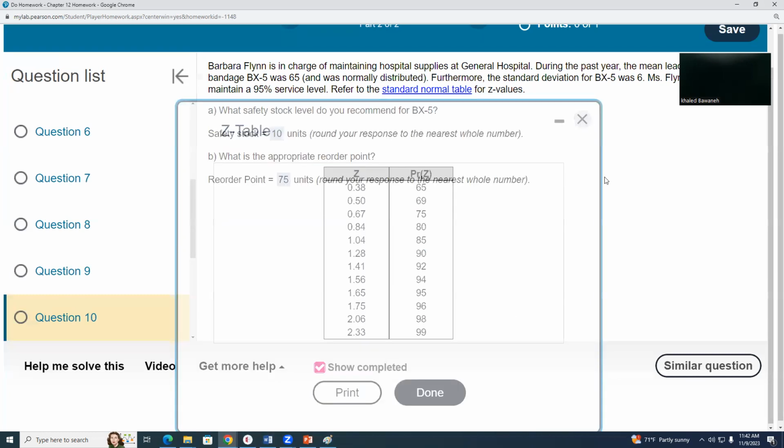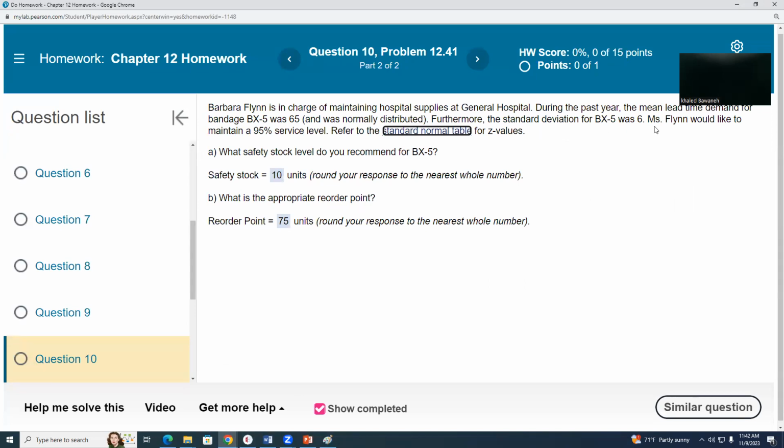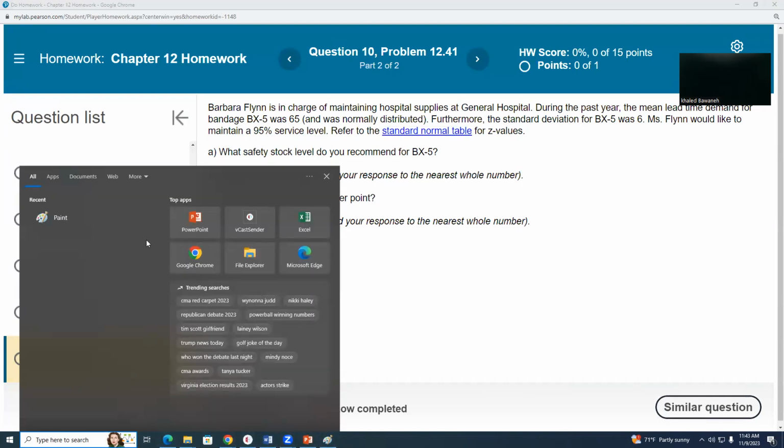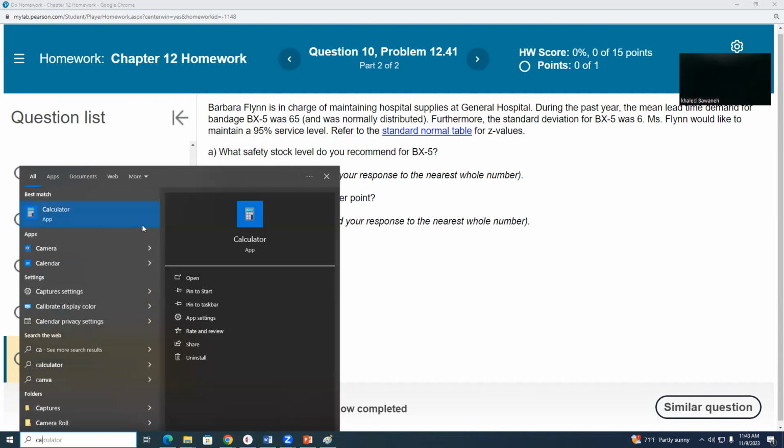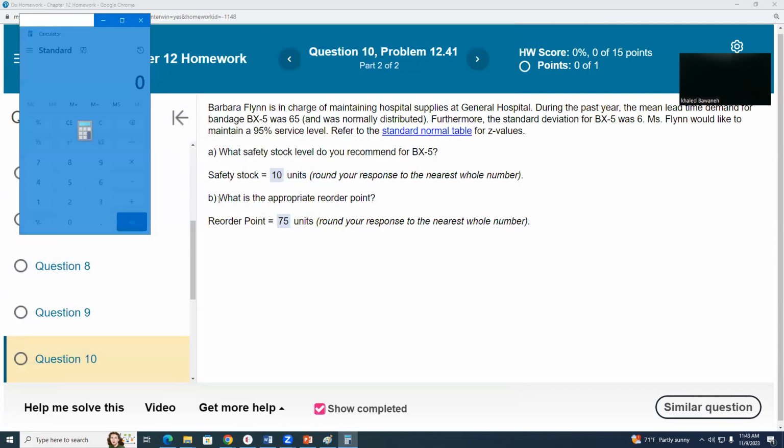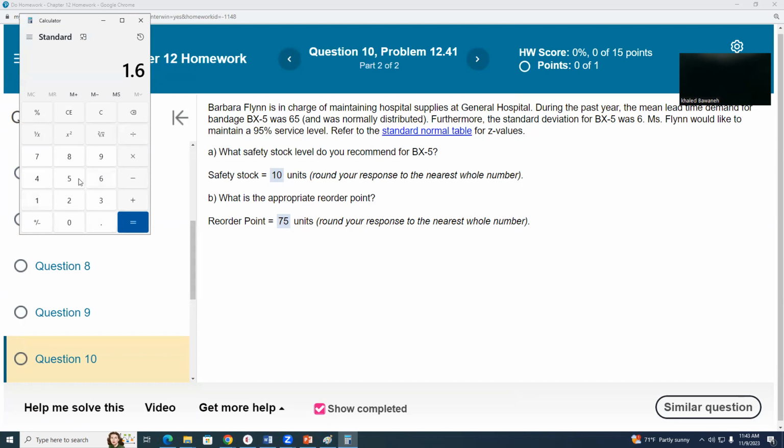And the standard deviation is 6. Let's bring up the calculator. 1.65 times 6, right? 9.9. So the safety stock is 10.